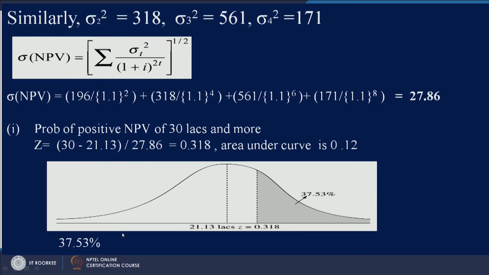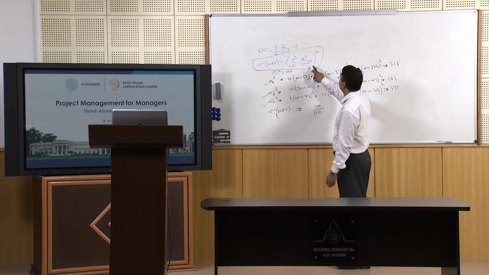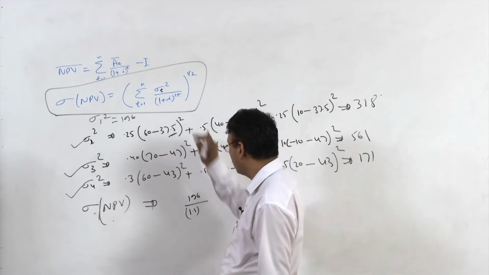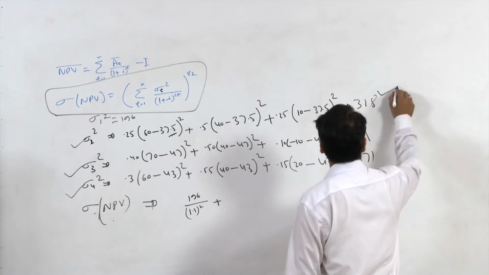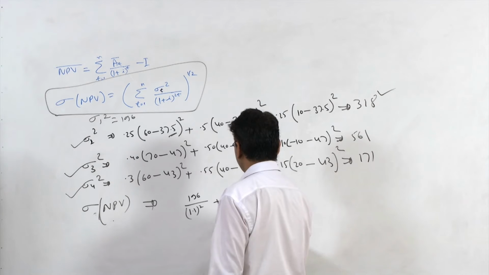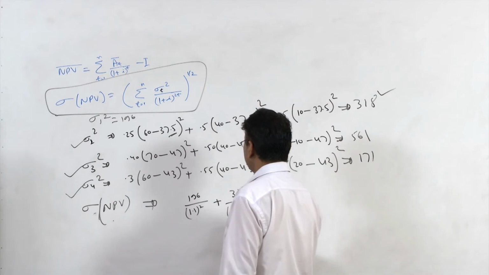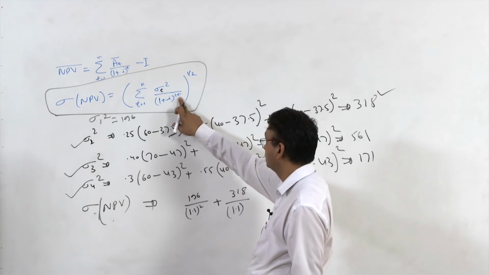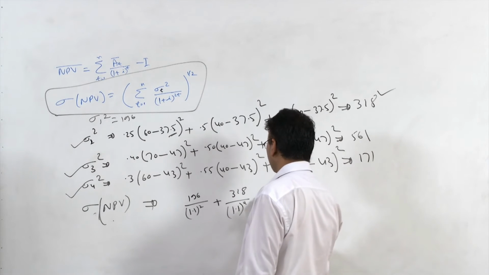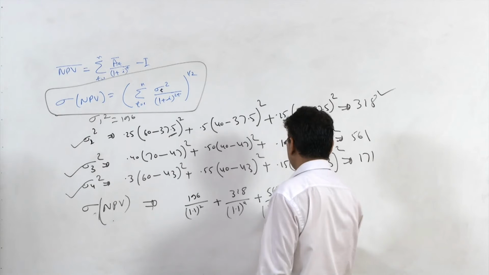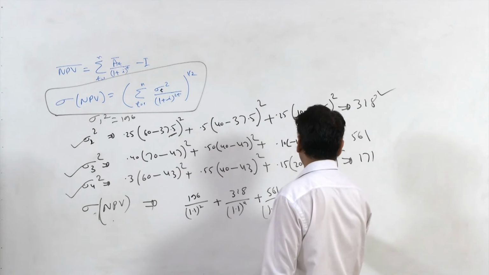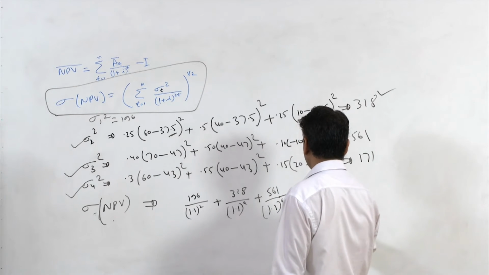So 196 divided by 1.1 to the power 2 into t, t is 1, so this square, plus 318 divided by 1.1 to the power, now t is equal to 2, so this becomes 4, then 561 by 1.1, this is 6, plus 171 by 1.1 to the power 8.